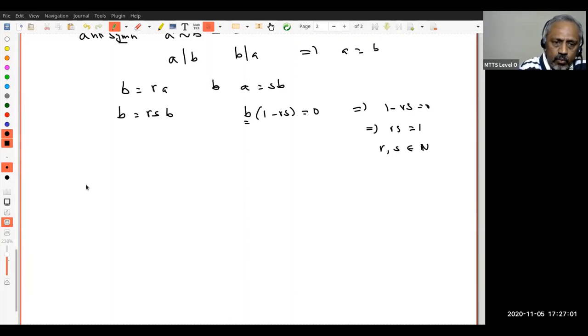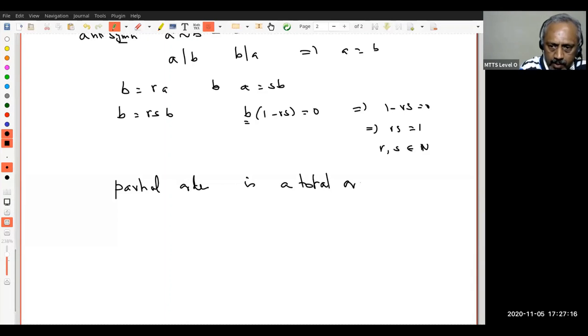Okay, now why is it called partial order? We say a partial order is a total order if for every x and y in S, either x is related to y or y is related to x.